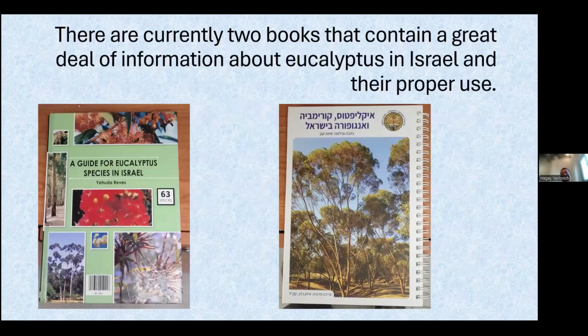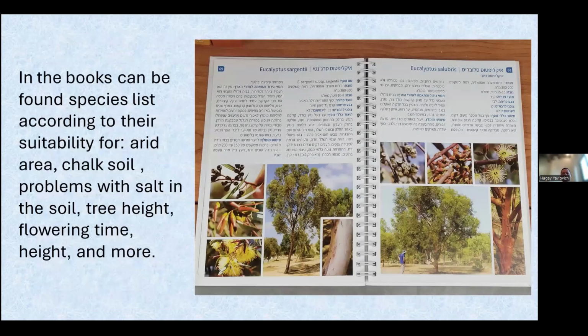And today we have here in Israel two books that have all the information we need about the eucalyptuses in Israel, and what is the best use of each tree, and which tree is better for arid areas, and which tree is better for chalk soil or for salt, and what is the height of each tree, and if you want all the trees to flower at the same time, and so on.